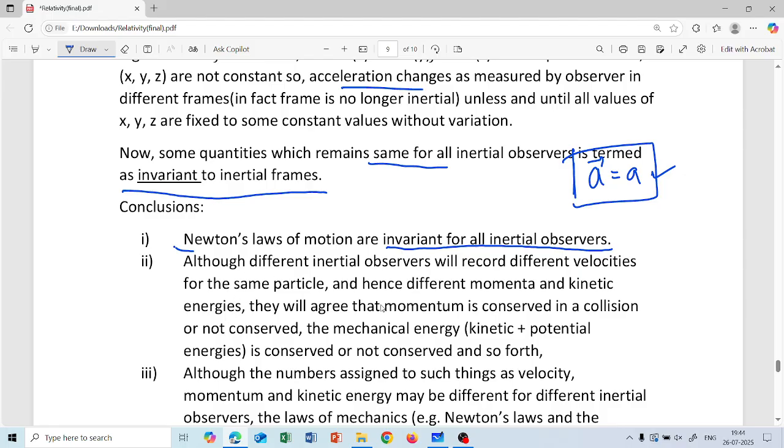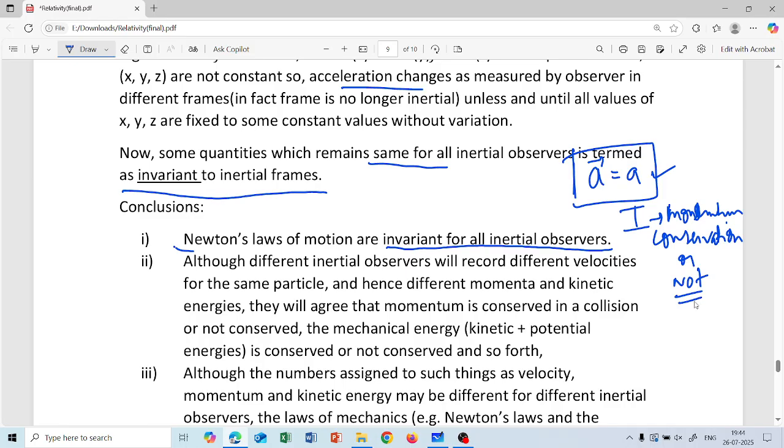Also, inertial observers will agree, as you know from Newton's laws, on whether momentum is conserved or not. Other values may be different, like velocities, but they will agree on whether the momentum is conserved.